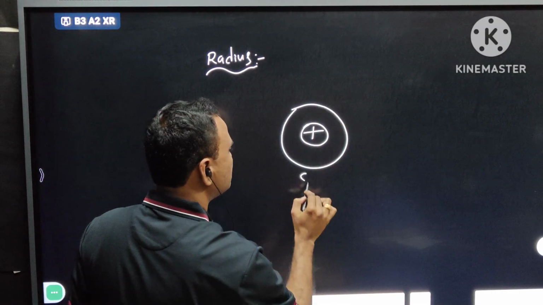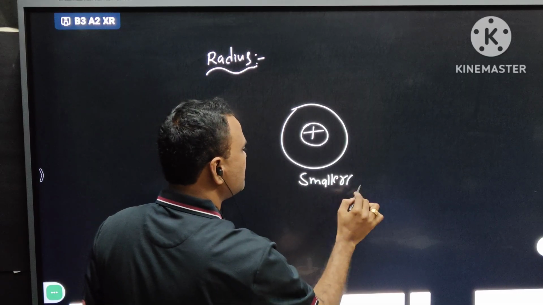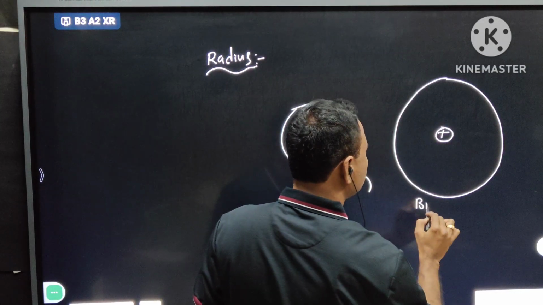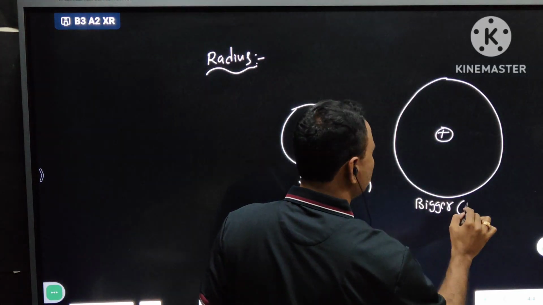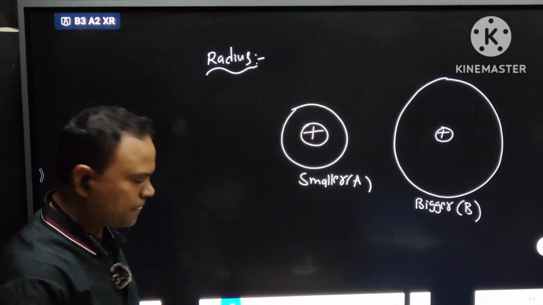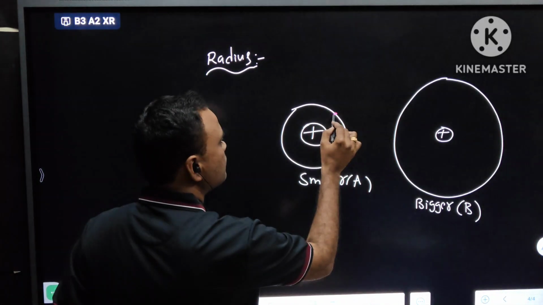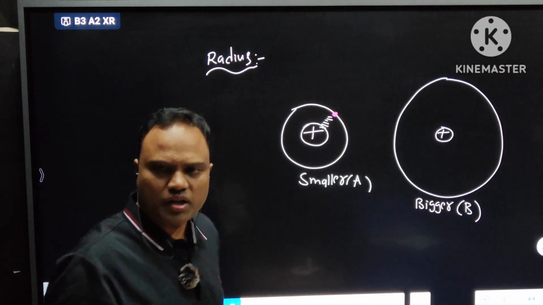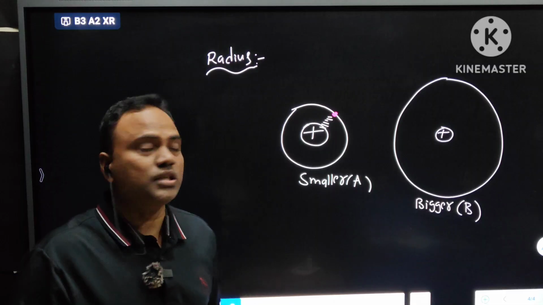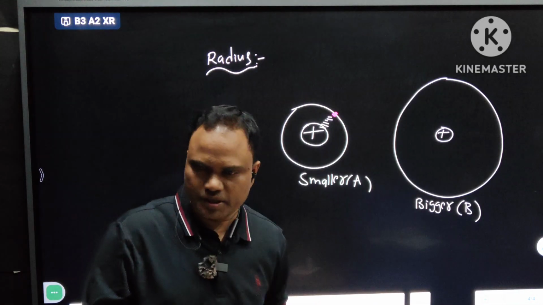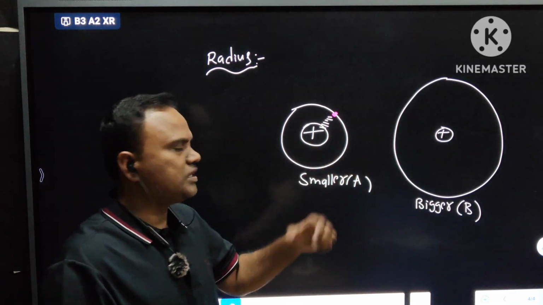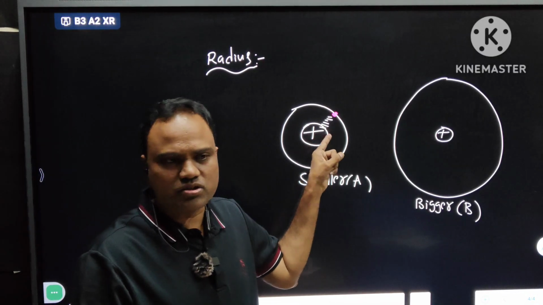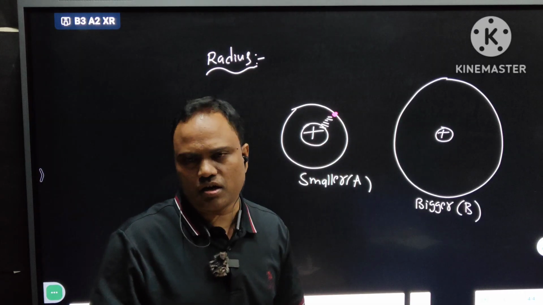This is the smaller atom, let us consider it as A. This is the bigger atom, let us consider it as B. In smaller atoms, the electron is tightly held by the nucleus. Nuclear attraction force is present on the outermost electron, the outermost orbit. See the dash lines, they are reaching the electron.